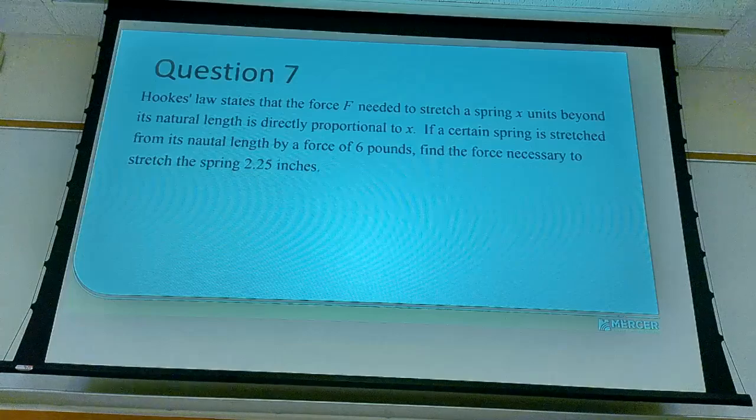Isn't that just elastic? Isn't that like the elastic thing? Elasticity is different than springs. If you're talking about a rubber band, would it be governed by Hooke's law?